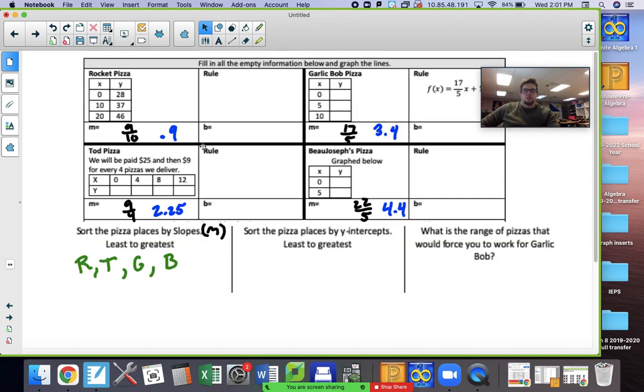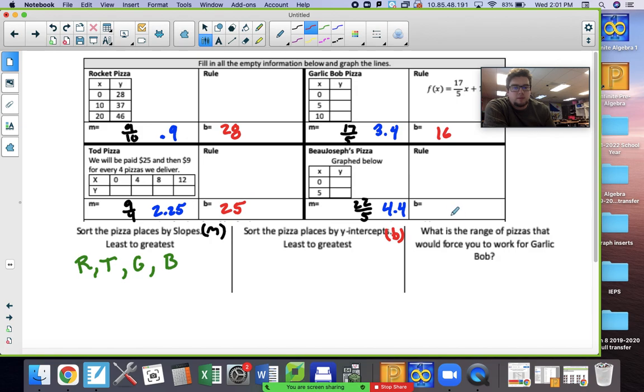The next question, we want to sort the pizza places by our y-intercepts. That was B. This one was 28. This one was 16. This one was 25. And this one was 2. Well, very easy. Lowest, Bo Joseph's. Next lowest, Garlic Bob's.